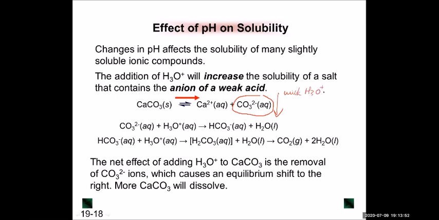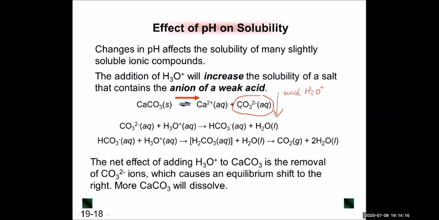The concentration decrease in the product end will help shift the equilibrium to the right, which means it will increase the solubility of the calcium carbonate. Another way to look at this: the carbonate is involved in two competing equilibriums.